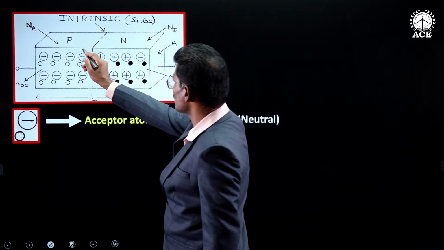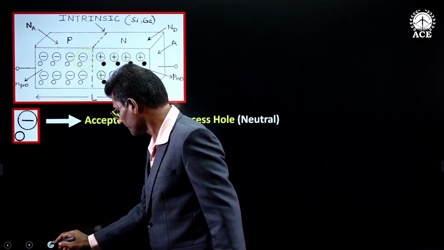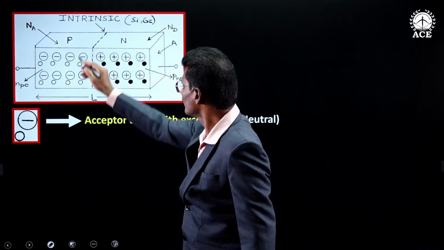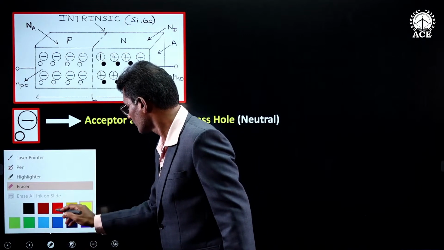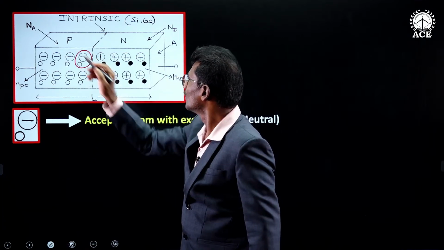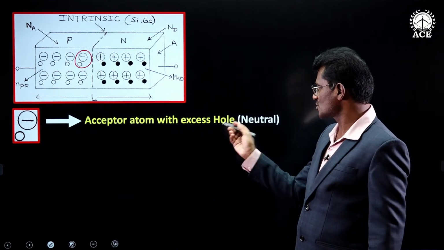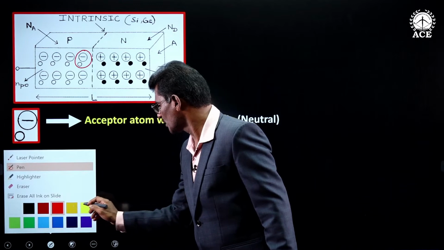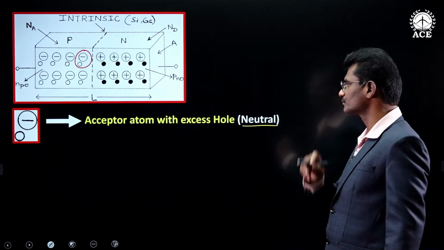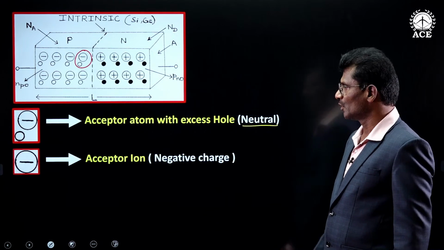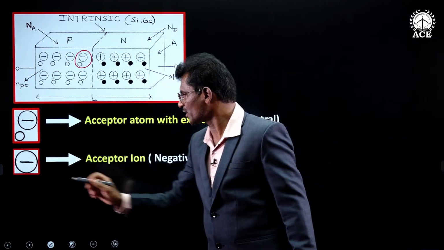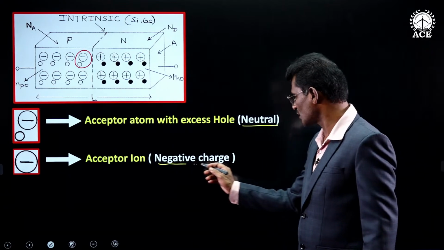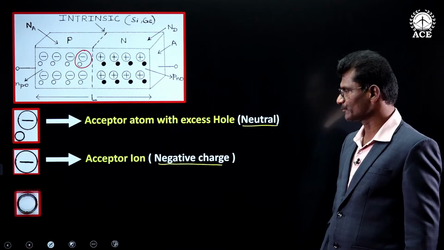Now coming to this notation, it represents an acceptor atom with excess hole, which is basically electrically neutral. If this small circle is not shown, it becomes an acceptor ion, which is basically negatively charged.